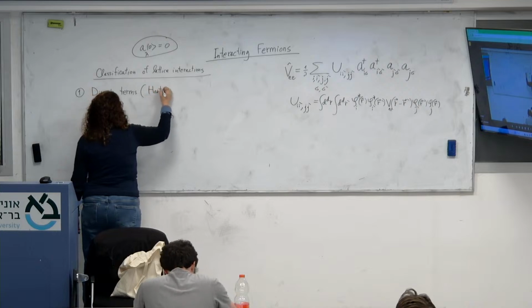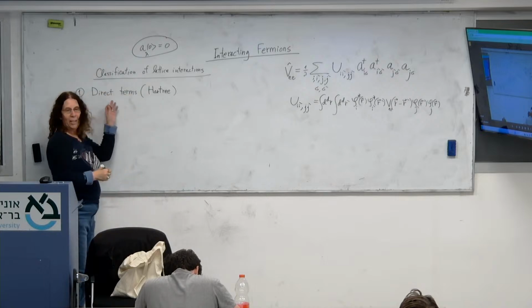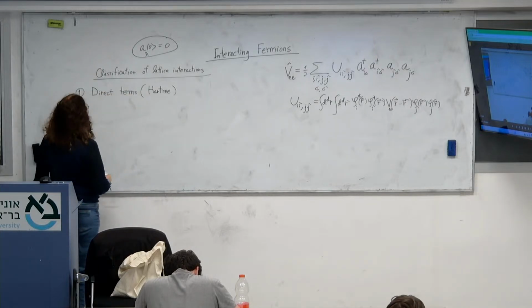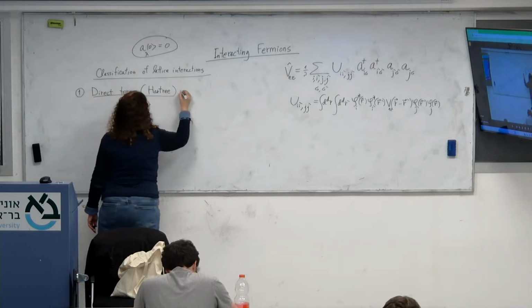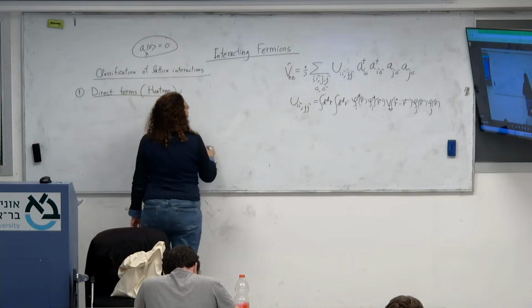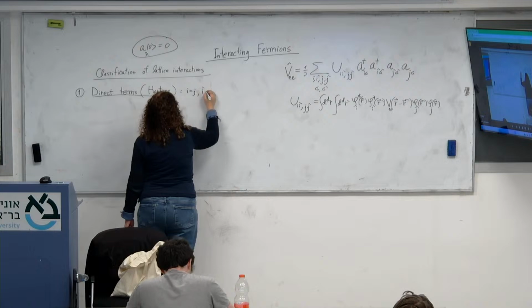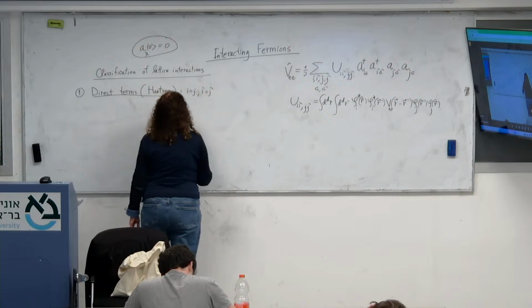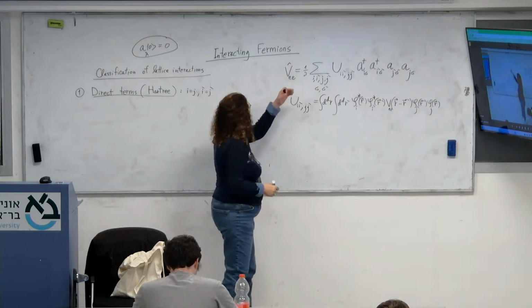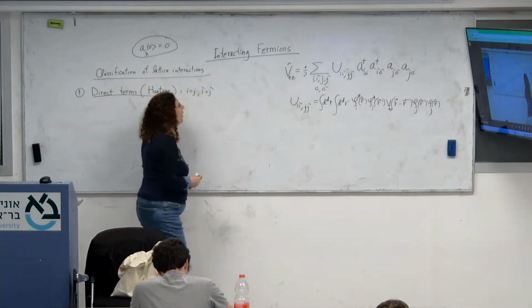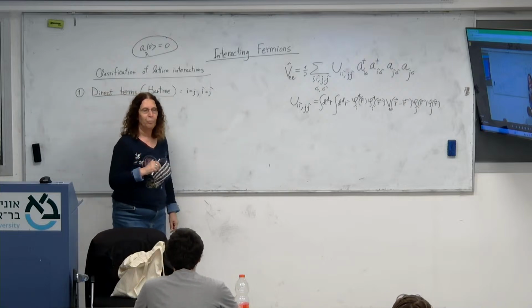Hartree is named after a person, but why direct, you'll see in a minute. And what are these? They correspond to the case where i equals j and i prime equals j prime. So therefore we reduce the four parameters in the sum to 2.